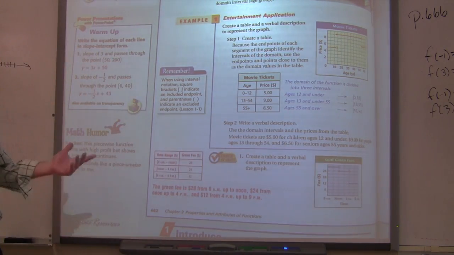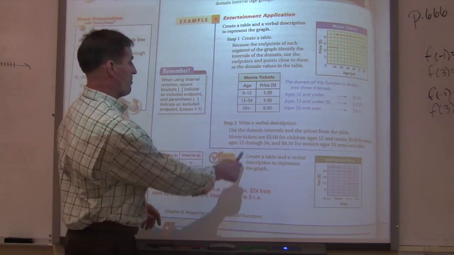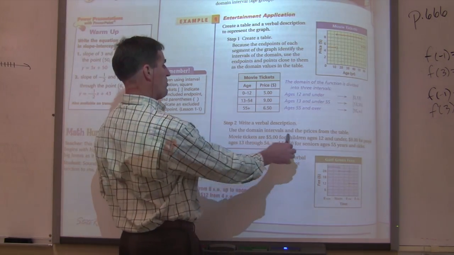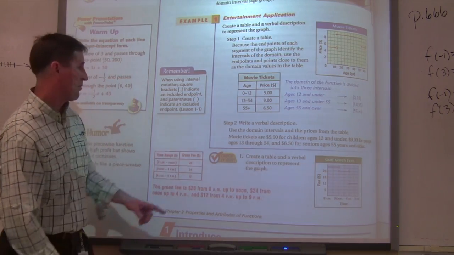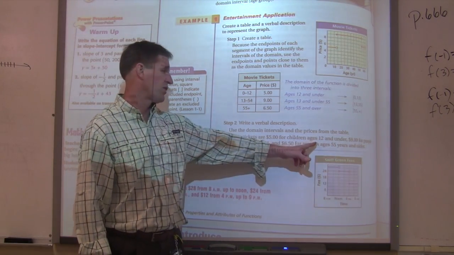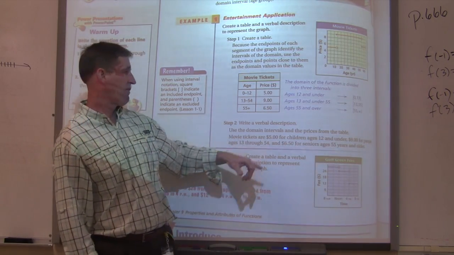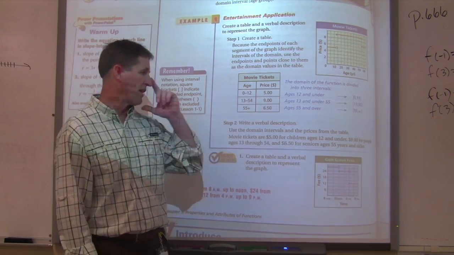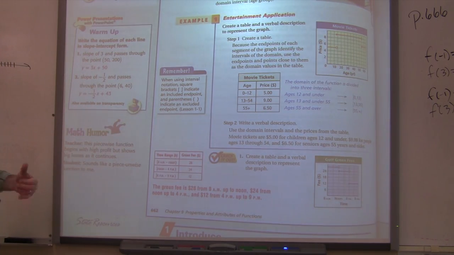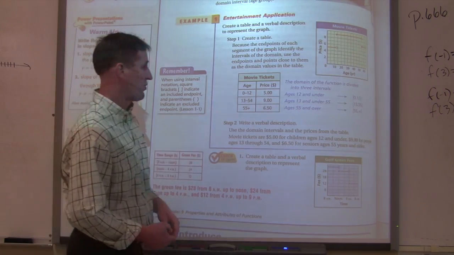And so that would be a description. And so the verbal description, it says, use the domain intervals and the prices from the table. Movie tickets are $5 for children ages 12 and under, $9 for people ages 13 to 54, and $6.50 for seniors ages 55 and older. And so you just describe what happened in the graph.